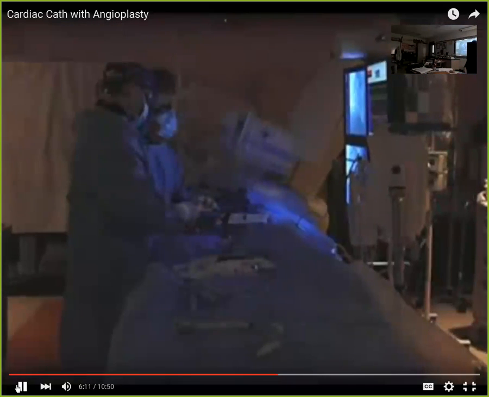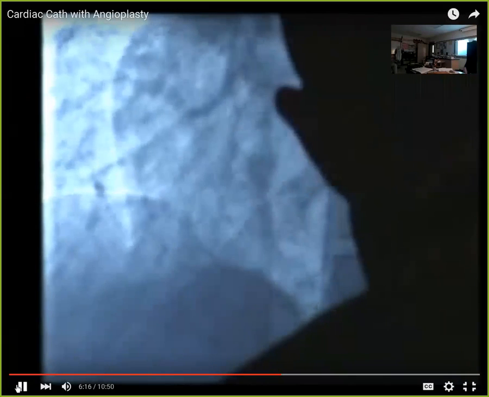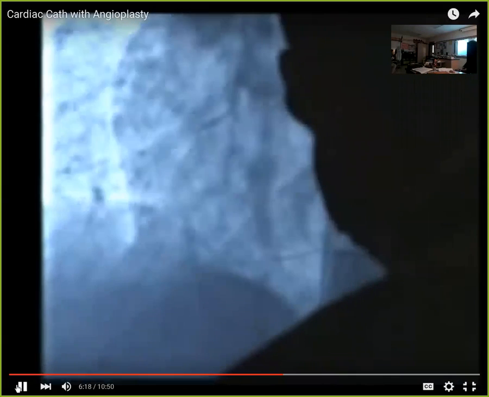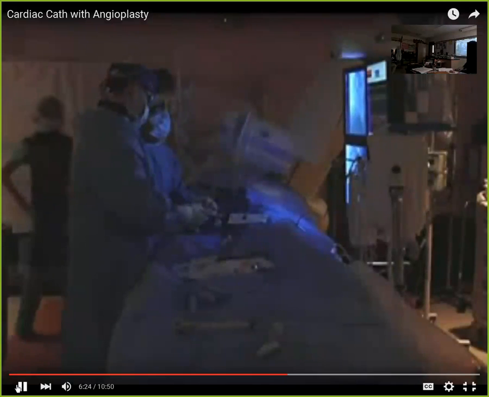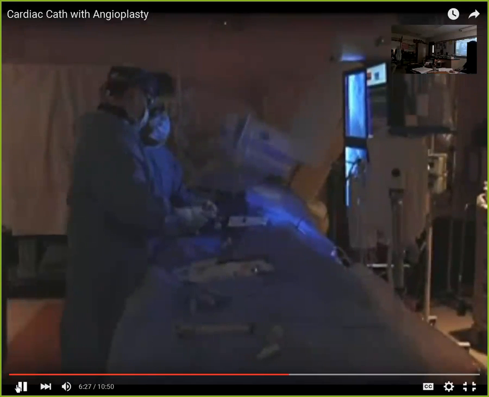We're now withdrawing the export catheter from the distal part or the end of the artery back through the blockage and back into the catheter so we can eradicate the clot all the way through the vessel.